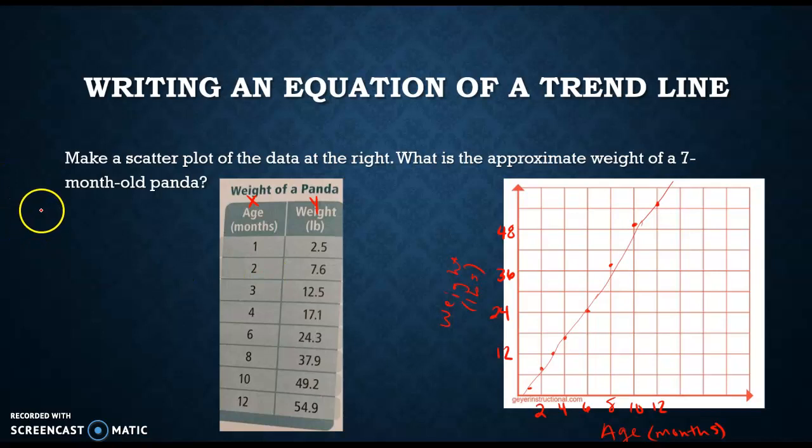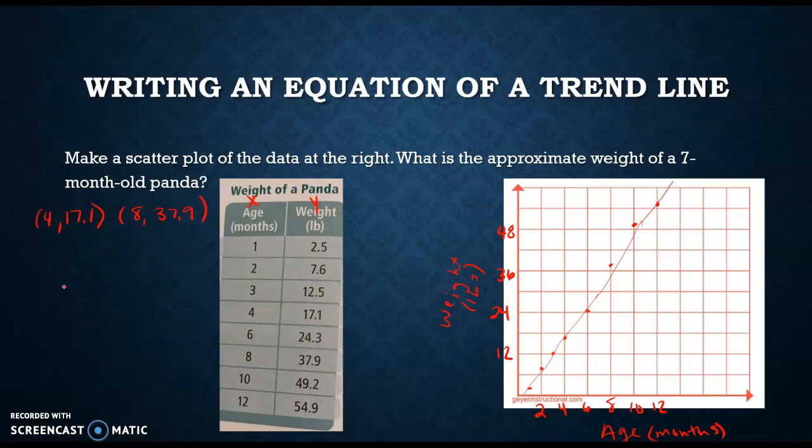And so in the book, they say that (4, 17.1) is on our line and (8, 37.9). Did I? Well, kind of. I didn't quite hit the 8. So in the line that they drew, those 2 points were on the line.